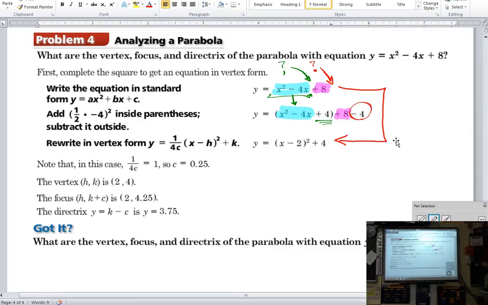we then take what we know about our parabolas. But here's the thing that we didn't want to teach you all at once. When we have this parabola with x² minus 4x plus 8, that 1 is telling me something.